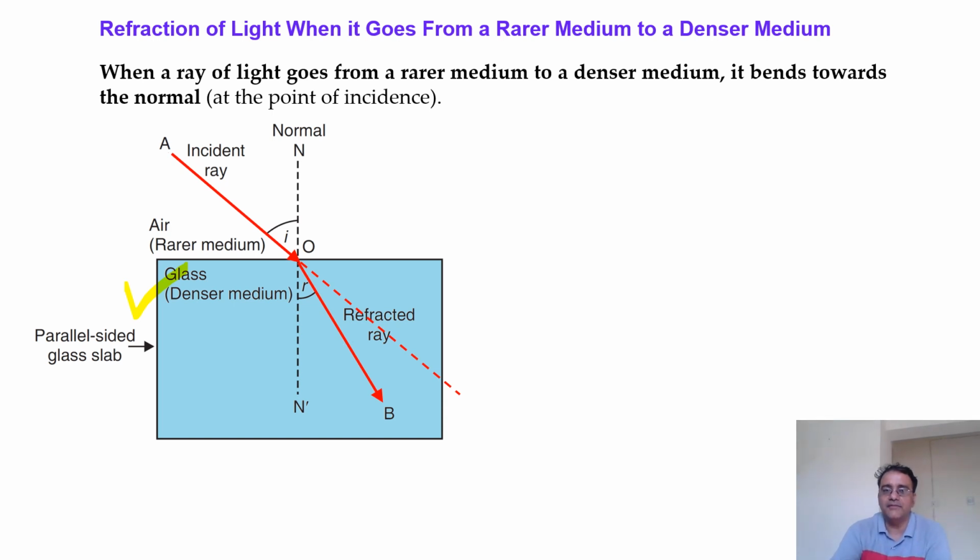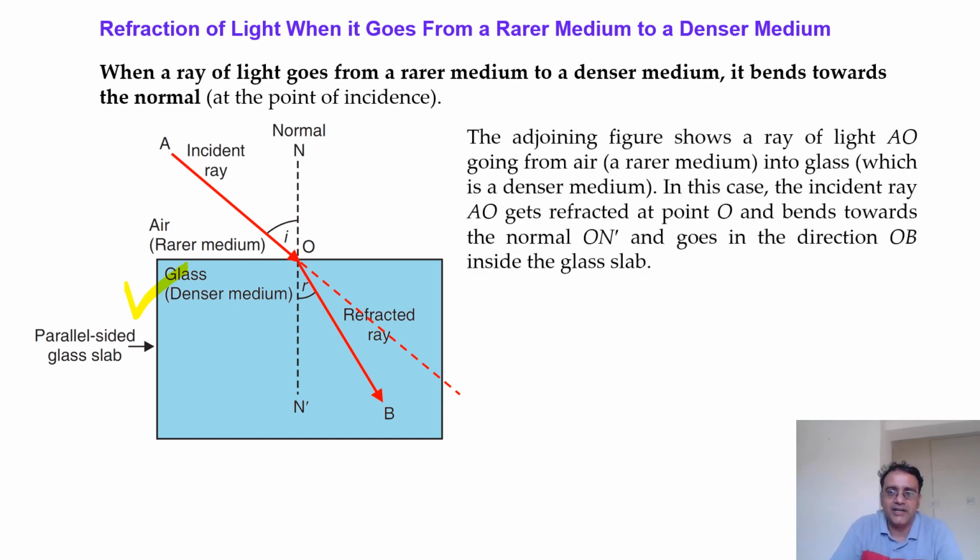So whenever we will study about the bending of light with respect to any two medium, if the light travels from rarer to denser medium, for example air to water, air rarer medium हो गया, water denser medium हो गया, so in that also we'll get the same type of bendings.